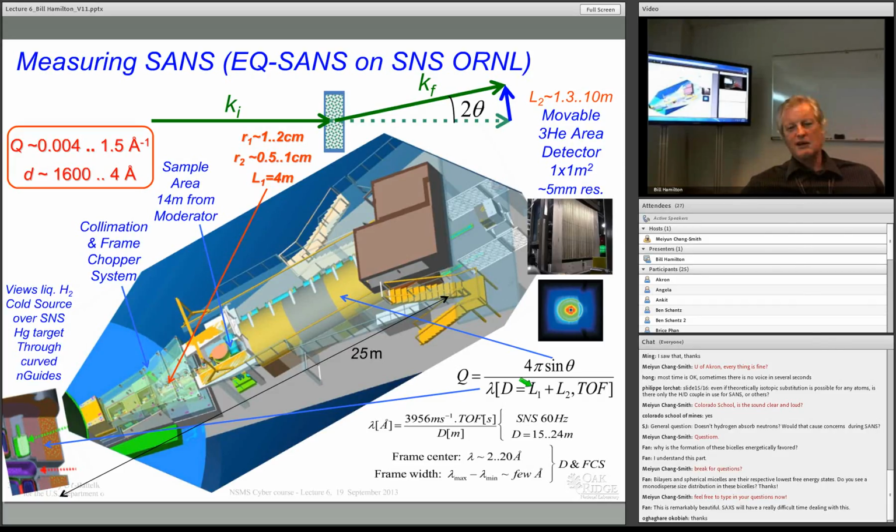I measure how long they took to get there, for how long they had to travel, and I get their wavelength. I measure how far off the center they are on a detector. I get their angle. I have to do a little bit of chopping of the system to make sure I don't get frame overlap that we talked about briefly last time. The sample position is 14 meters from the moderator, and the detector can be moved from about 1 meter from the sample to about 10 meters.